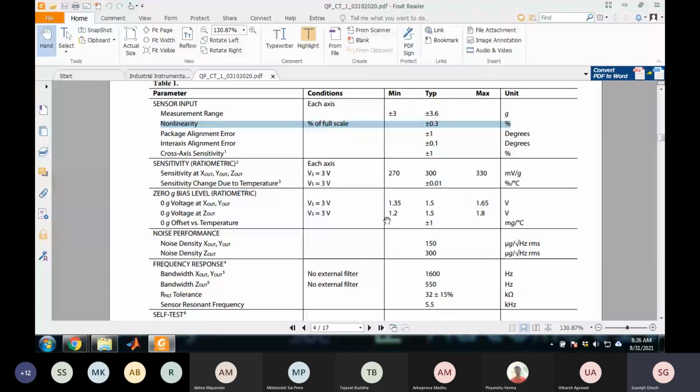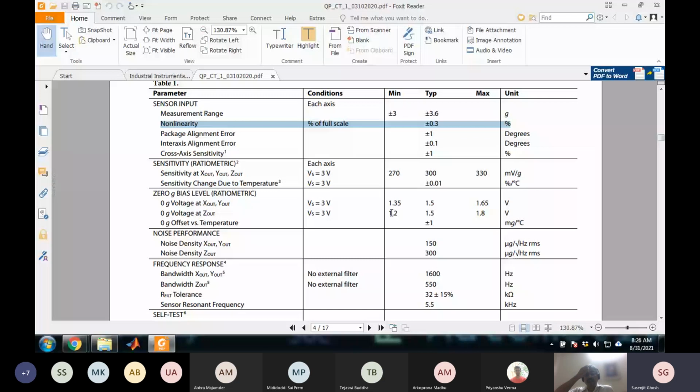Okay, so the package alignment error is related to how the sensor is actually placed in the package.